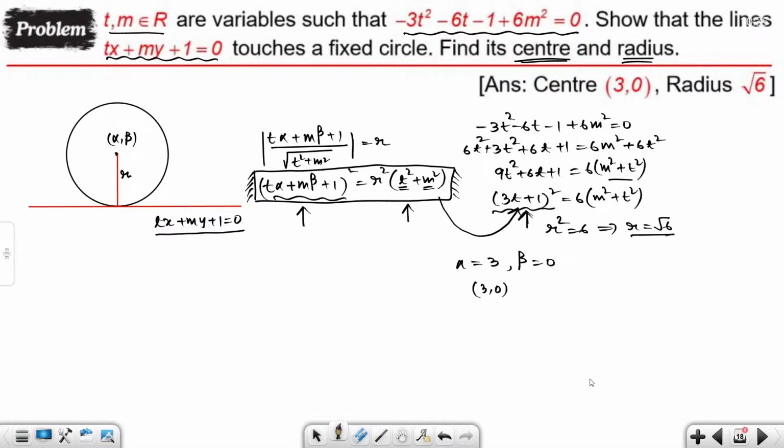Again, there is no high funda thing introduced here. Nothing. The same concept: from the center, join the point of contact on a tangent.